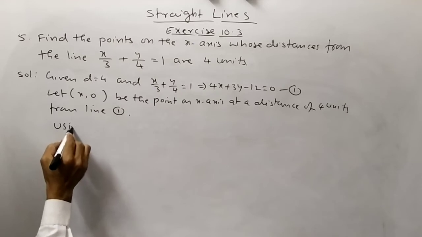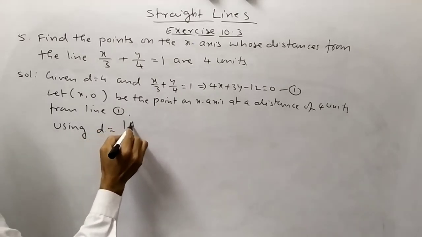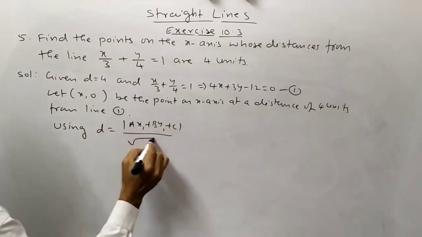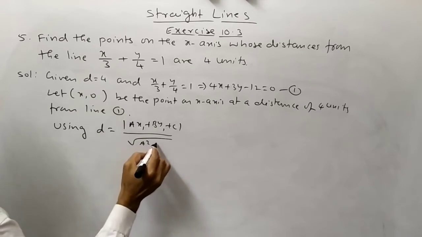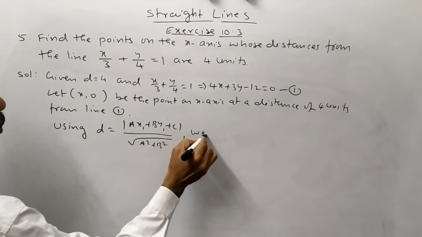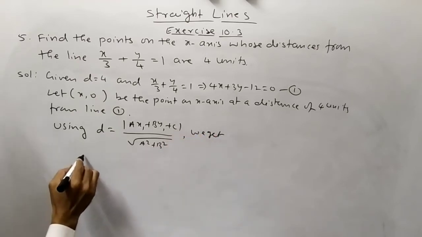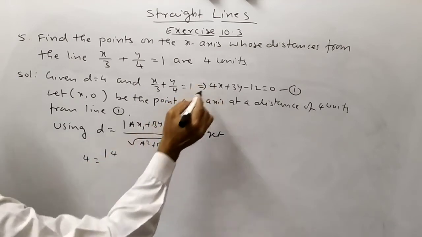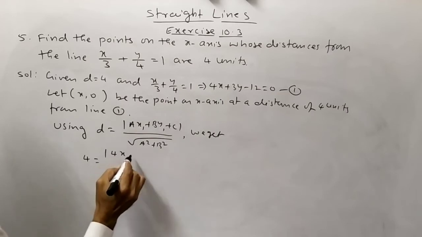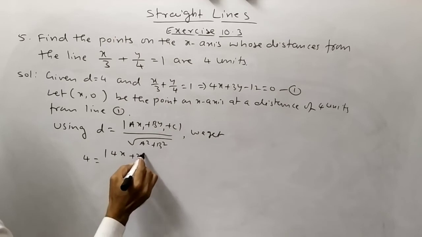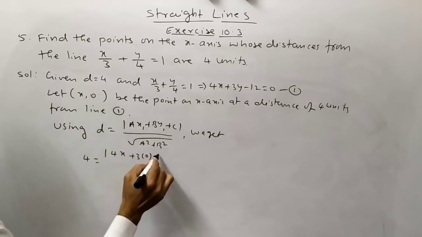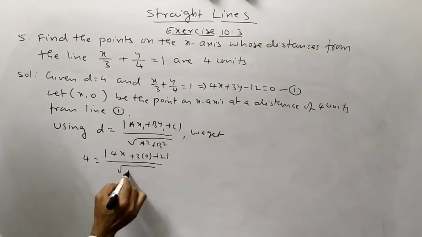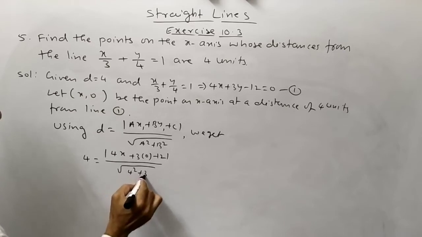Using d is equal to absolute value of ax1 plus by1 plus c divided by square root of a square plus b square, we get 4 is equal to absolute value of 4 into x plus 3 into 0 minus 12 divided by square root of 4 square plus 3 square.